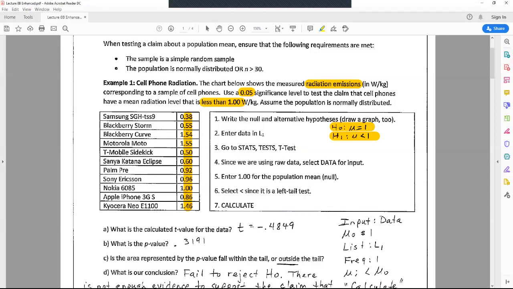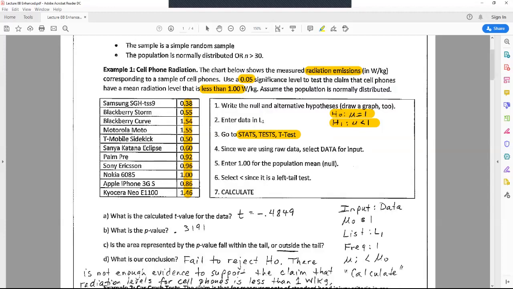So hopefully by now you have entered the data in list 1. So what you're going to do is go to Stat, Tests, and select t-test. And since we are using the raw data from the lists, make sure that you select data for input.